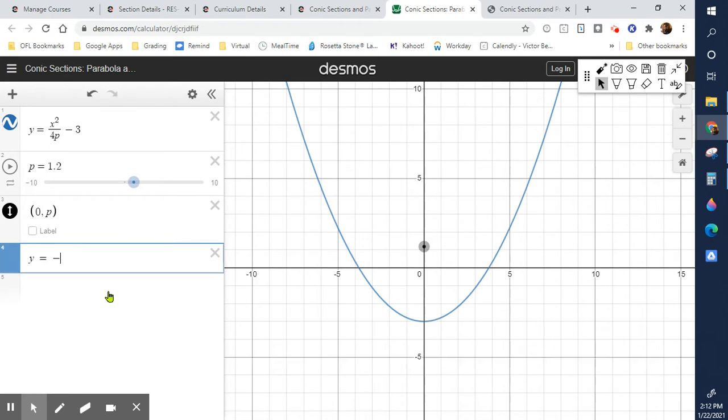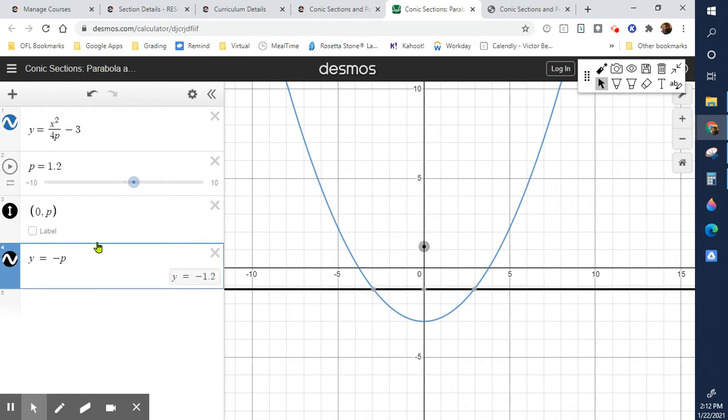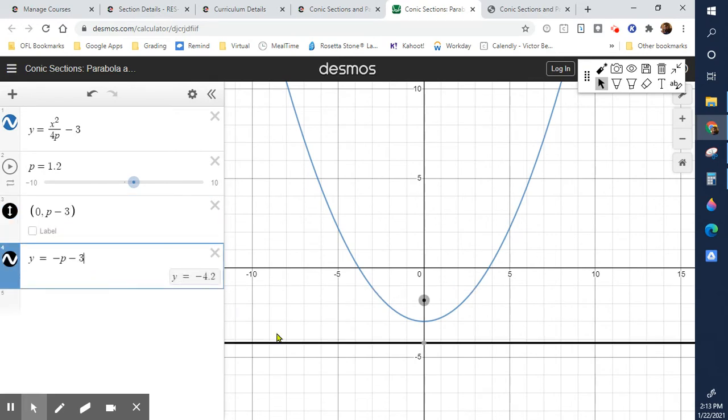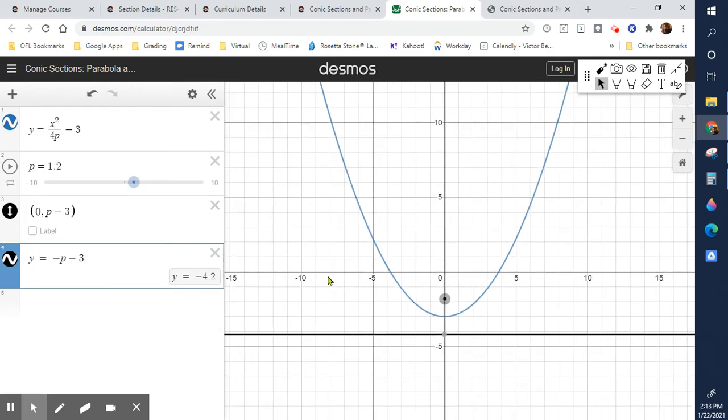So this is supposed to be -P. So I needed to move down 3. So I'm going to move everything down 3 by literally just putting -3. This is going to be -3 as well. So this should, in theory, work. Everything was kind of already set up. The only problem that we had before was that everything was lower by 3.